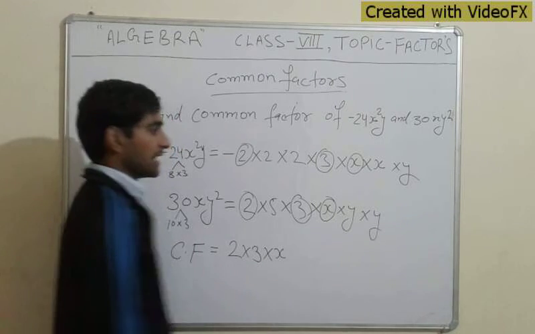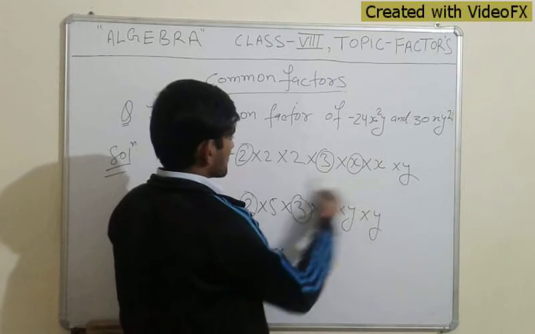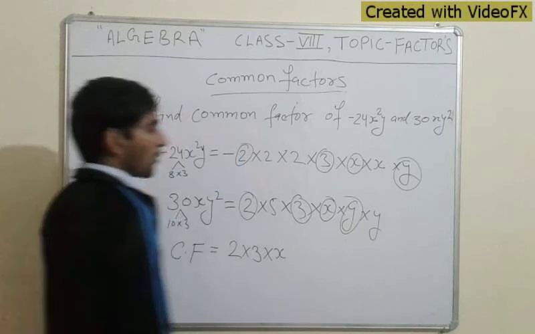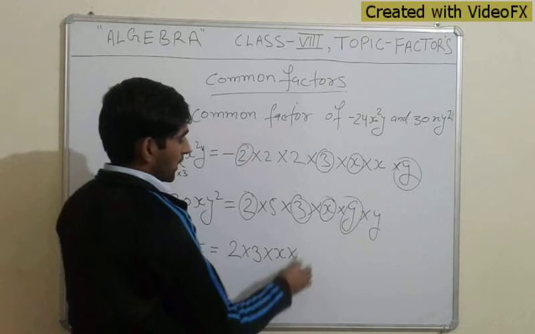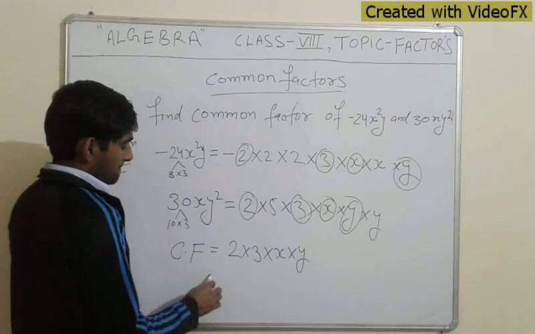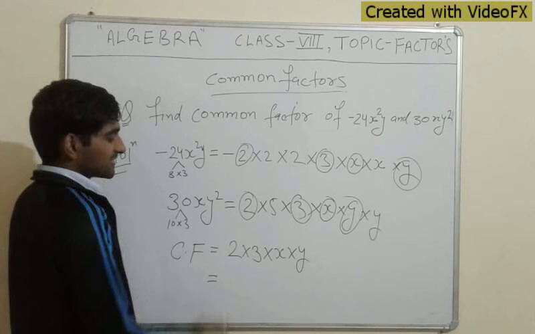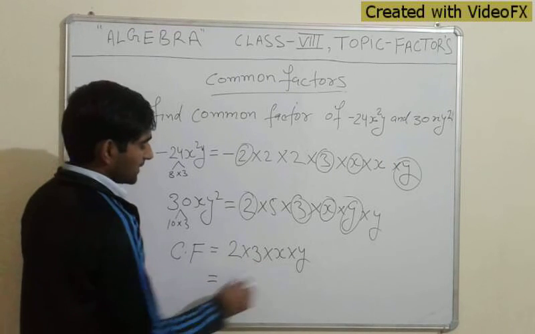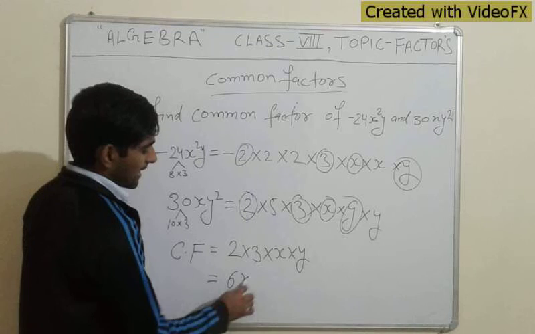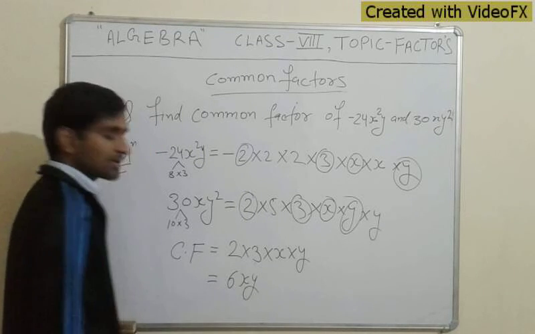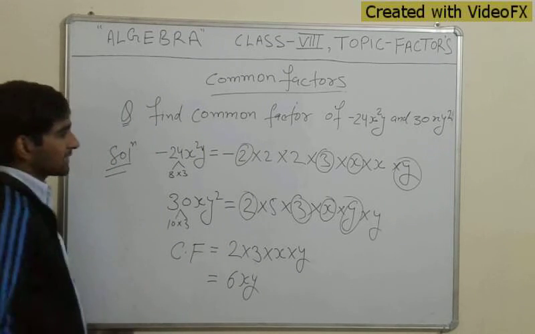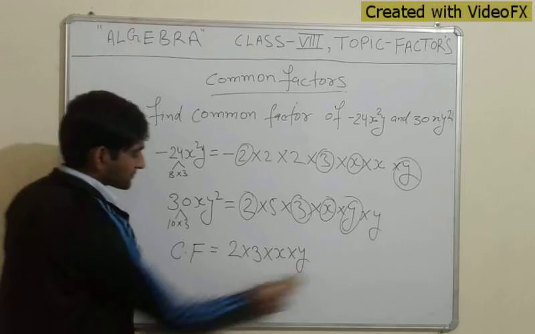And common is this y, this y. So what is the answer? The answer is 2 times 3, that is 6. 6xy. We can write 6xy. 6xy is the common factor. Yeah, done.